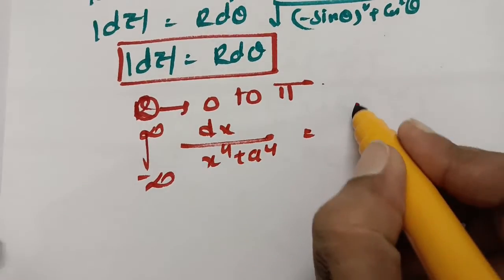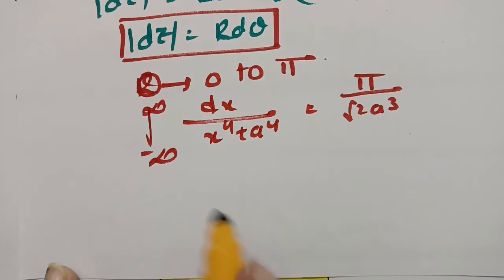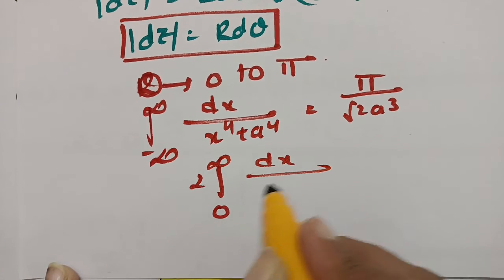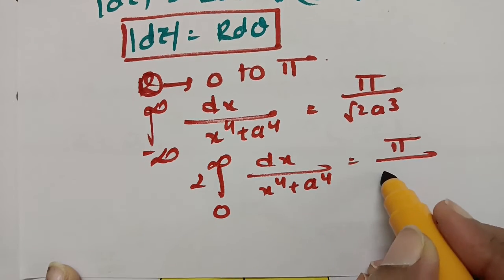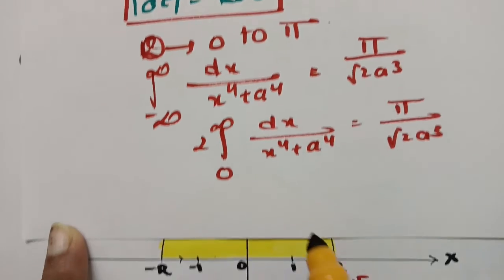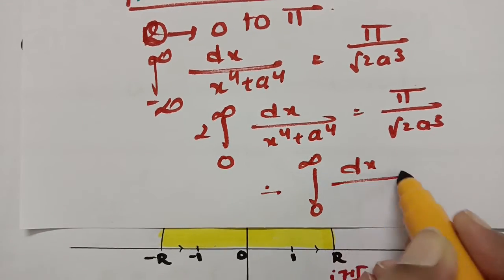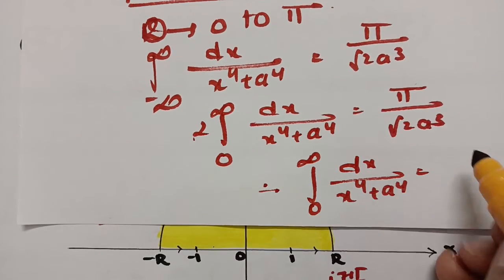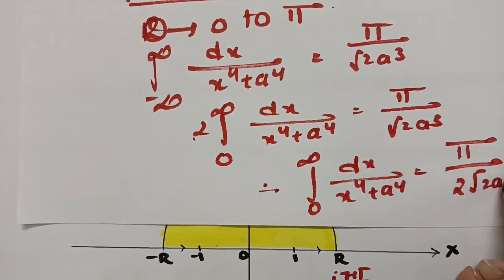So this can be written as 2 times the integral from 0 to infinity of dx by x power 4 plus a power 4 is equal to pi by root 2 into a cube. And therefore the integral from 0 to infinity of dx by x power 4 plus a power 4, sending this 2 to this side, will be pi by 2 root 2 into a cube.